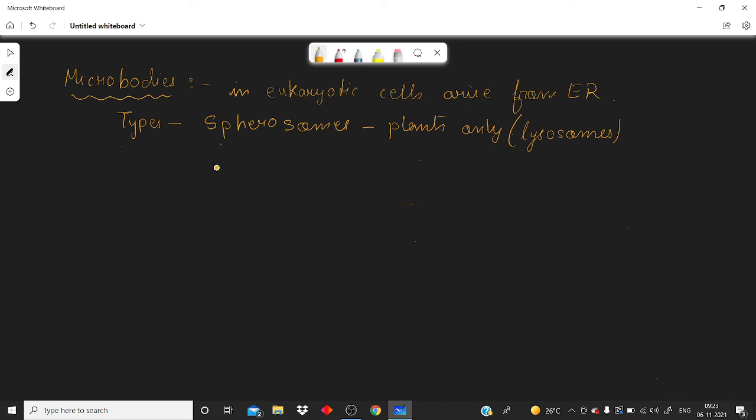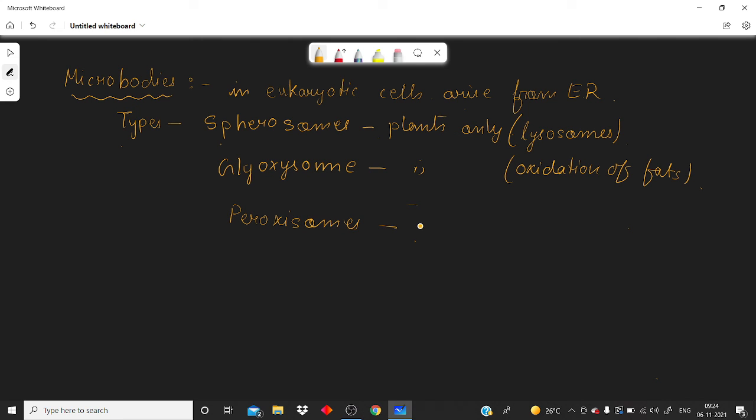Then next is the glyoxysome. This is also found in plants only, and it helps in oxidation of fats in the plant cell. Then there is the peroxisome.